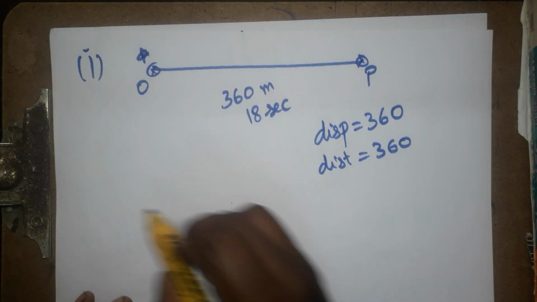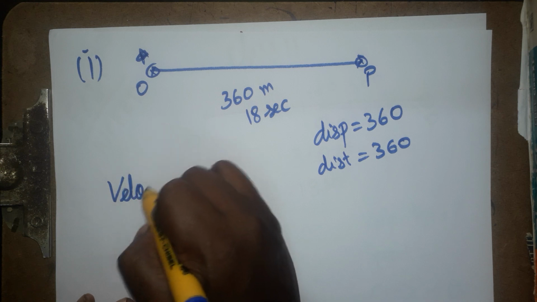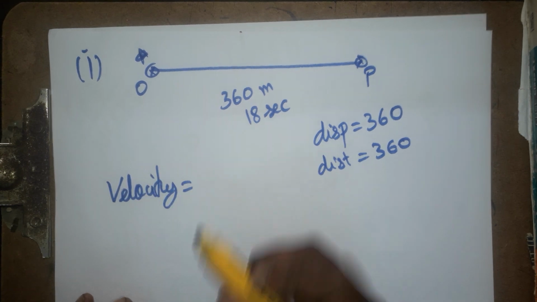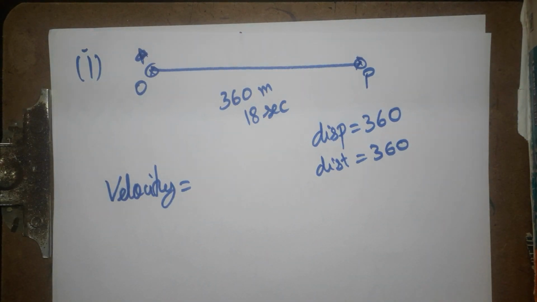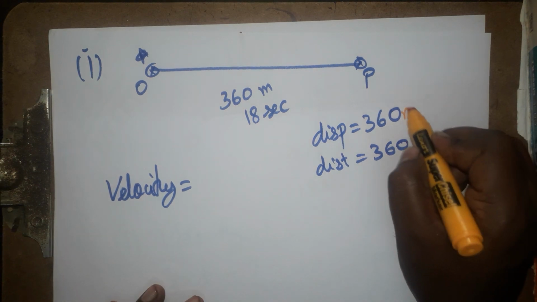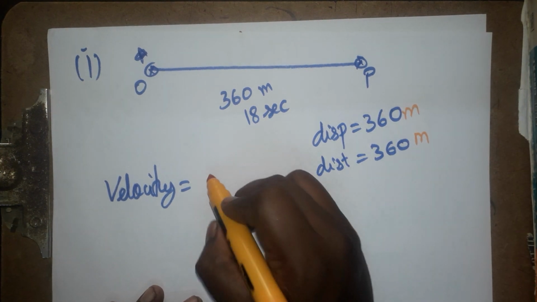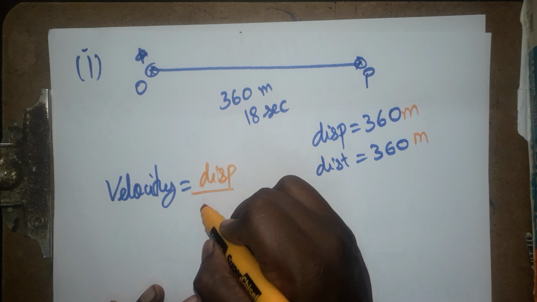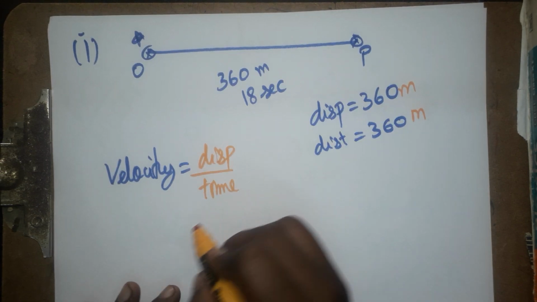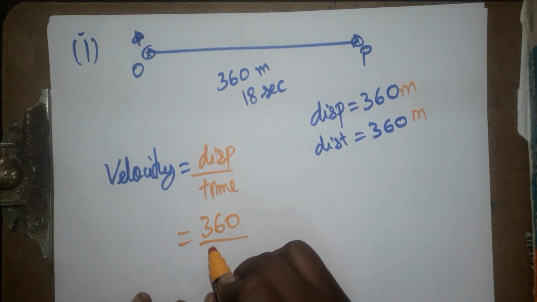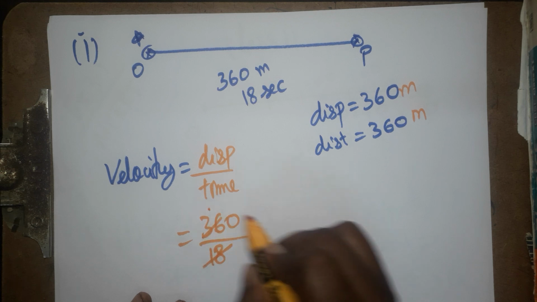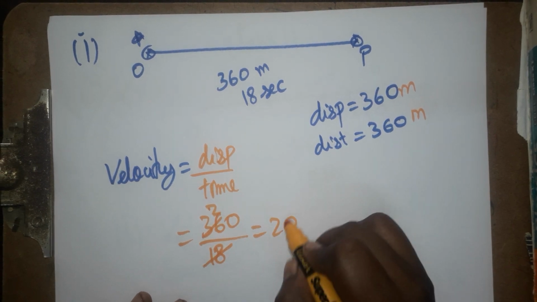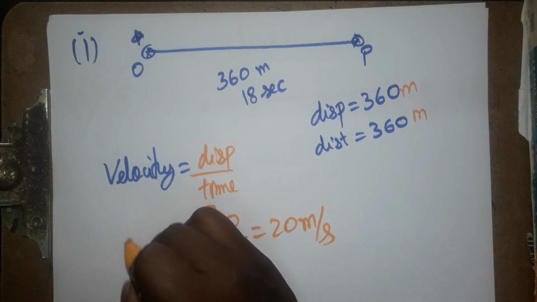Now velocity is equal to displacement by time. The displacement I already told you is 360 meter, and the distance is also 360 meter. Displacement by time: 360 divided by 18, which is 20 meter per second as the velocity.